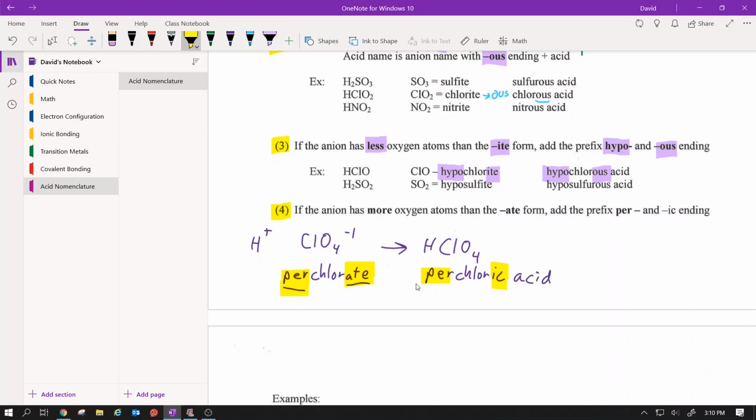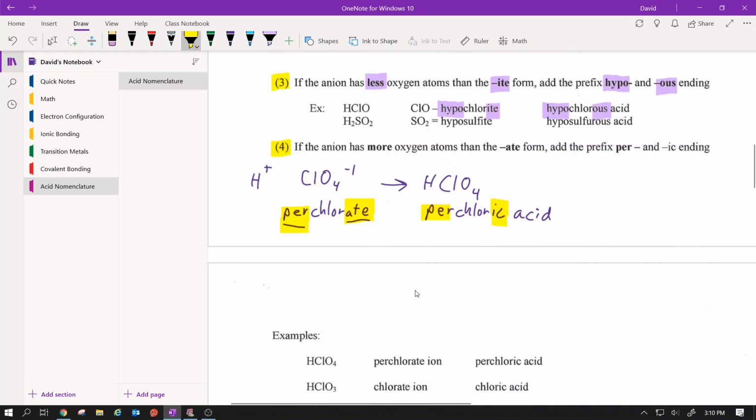All right, and I will roll down just a little. Okay. Again, HClO4, the same example that I used there. Our perchlorate ion, which I will circle here.